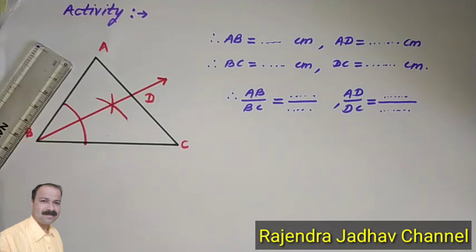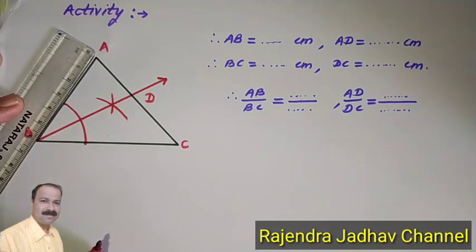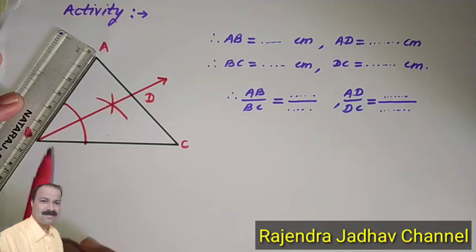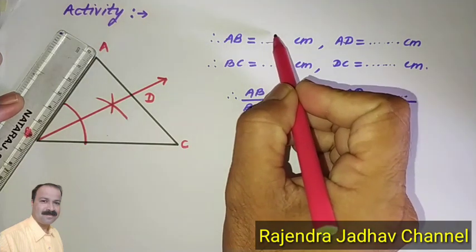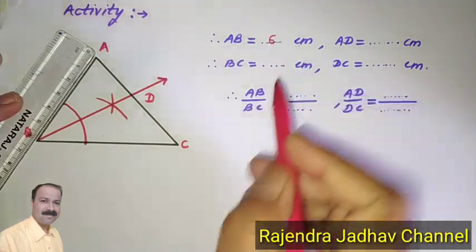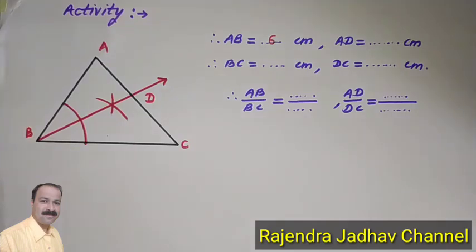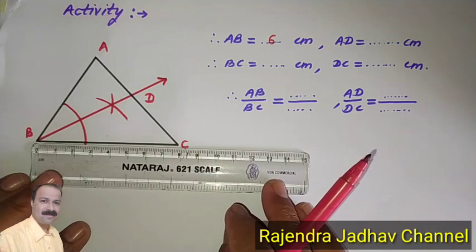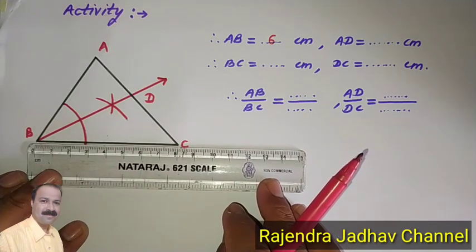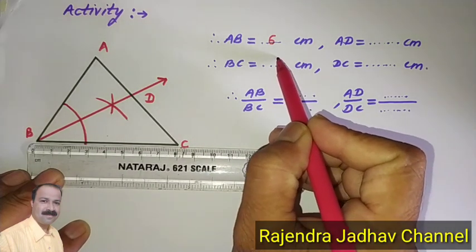The length of segment AB is 6 centimeters. Then measure the length of side BC. BC is 8 centimeters.